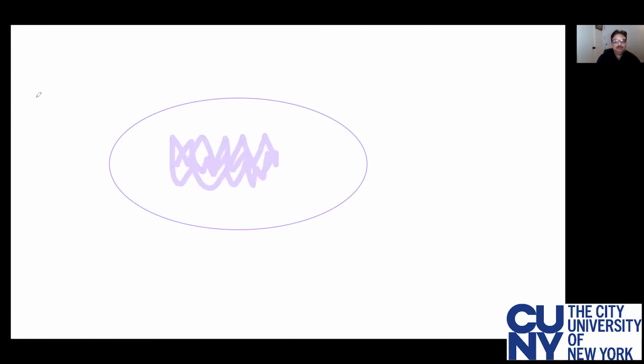Bacteria don't have a nucleus, but this is the main DNA. Bacteria also has an additional circular DNA. This additional extrachromosomal DNA is called a plasmid.